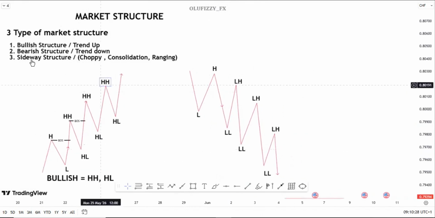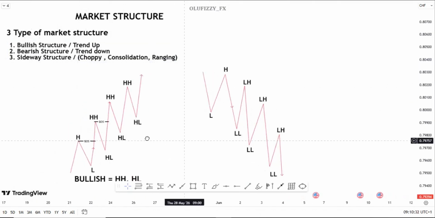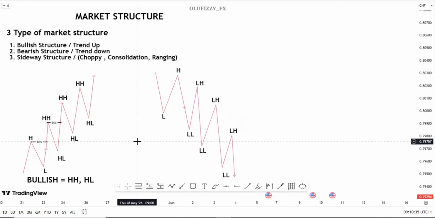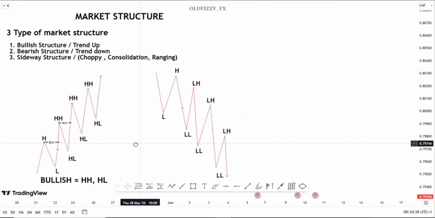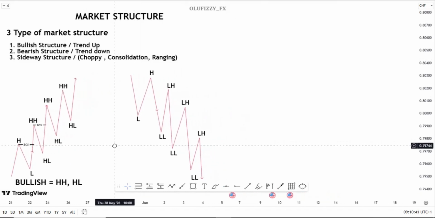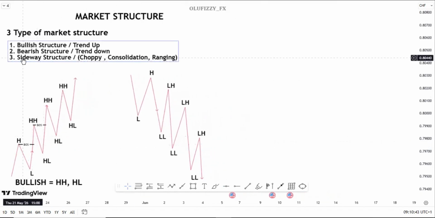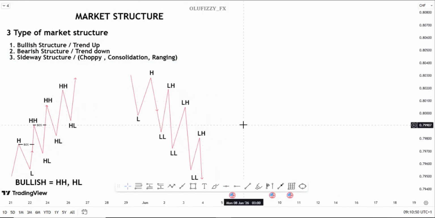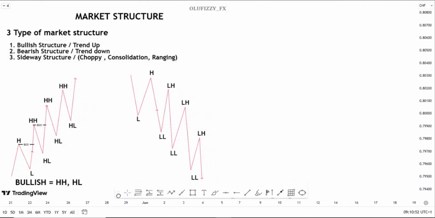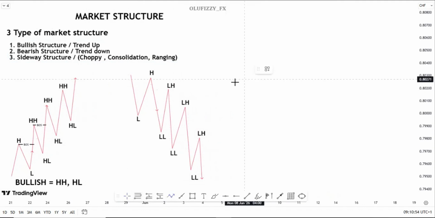So now let's move to the third type of market structure that we have, which is the sideways market structure. So what is a sideways market structure? Even from the name that we write here, sideways structure, choppy, consolidation, ranging, you should have an idea of what that means. It means that price doesn't have a clear direction.